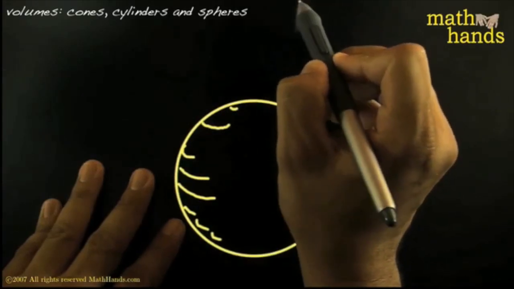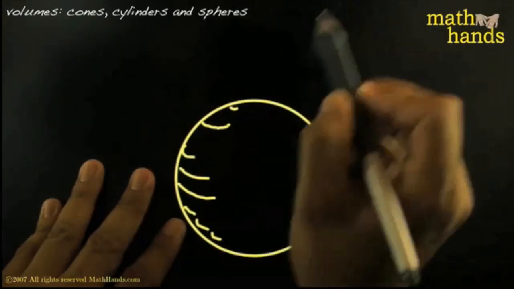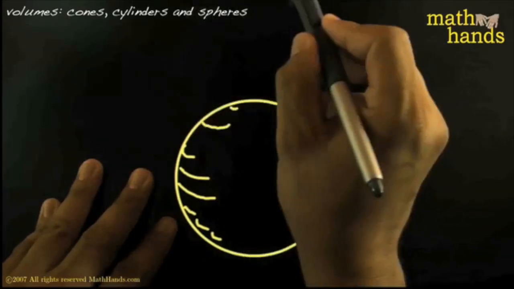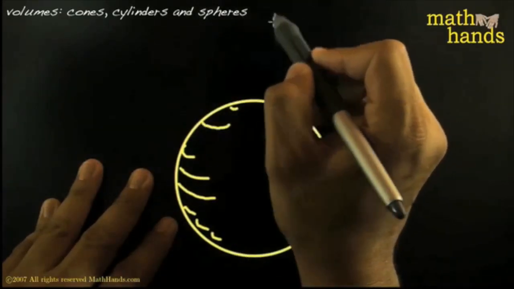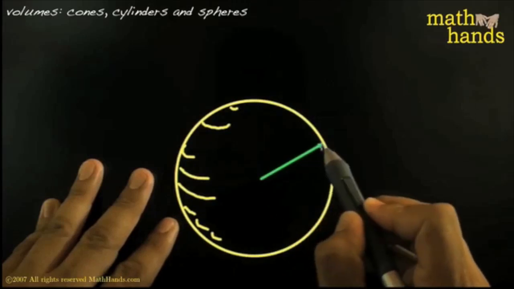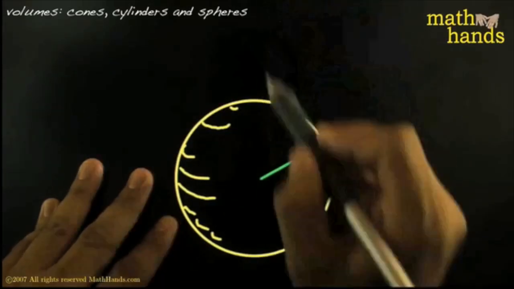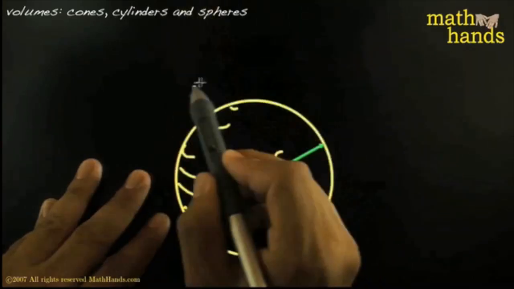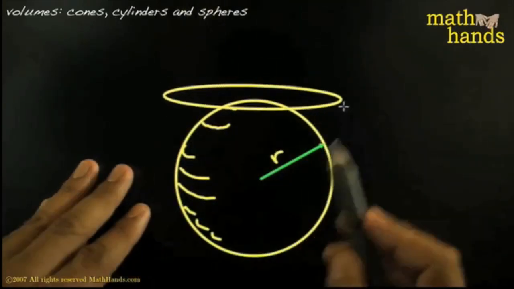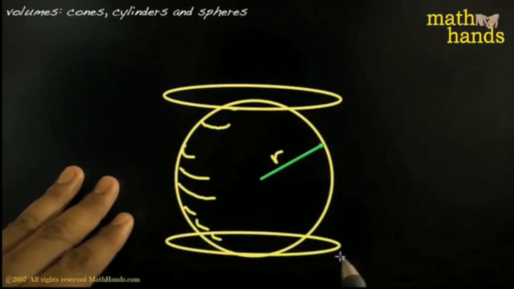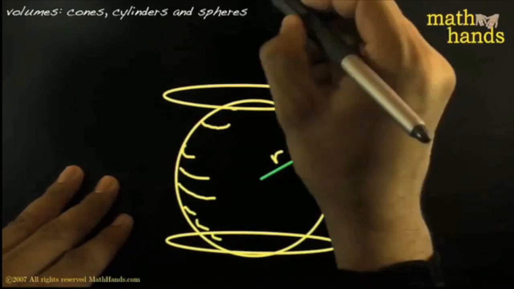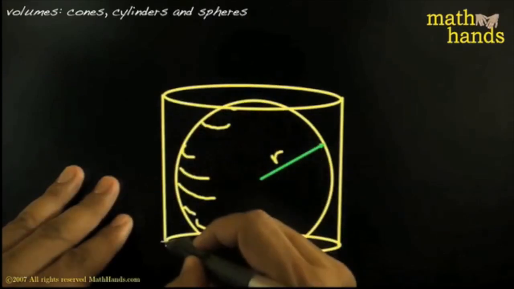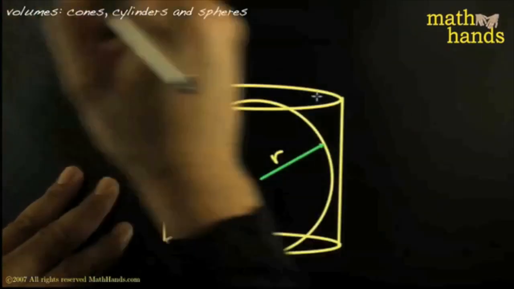The sphere, such as this one with, let's just say, radius R, you could have any radius you want. Or consider the following: what if you had a cylinder that was shaped as such, where the sphere was completely inscribed in there?